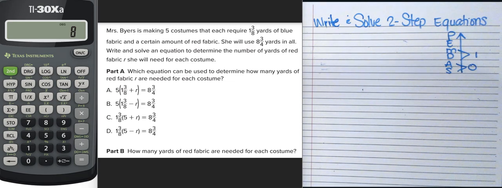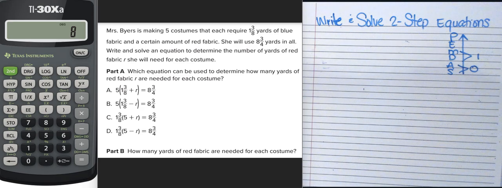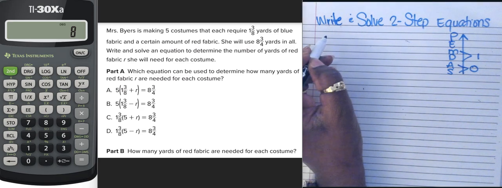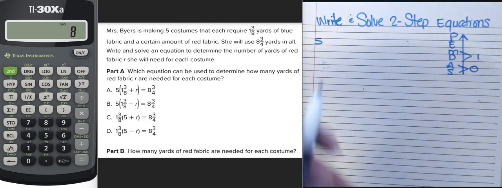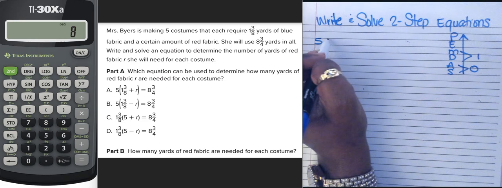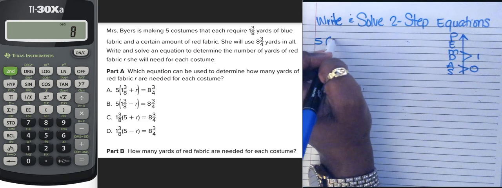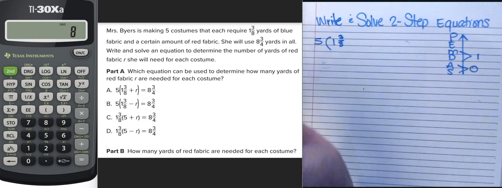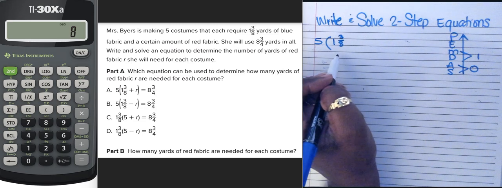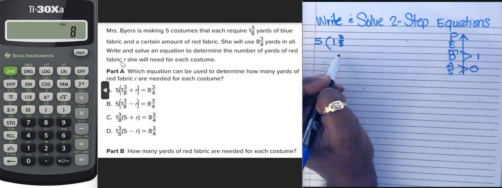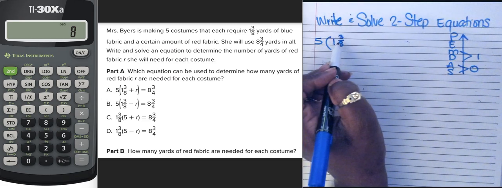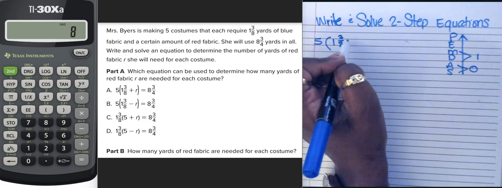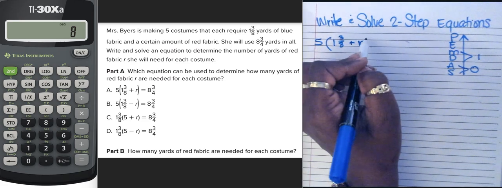All right, so the first thing that I notice is looking at the information, there's 5 costumes. So I know that we are going to be multiplying by 5 because we're making 5 of those costumes, and each of those costumes are going to have 1 3/8 blue fabric and a certain amount of red fabric, which they have told us is going to be indicated by R. So each one of those is going to have 1 3/8, which is the blue fabric, plus the red fabric.